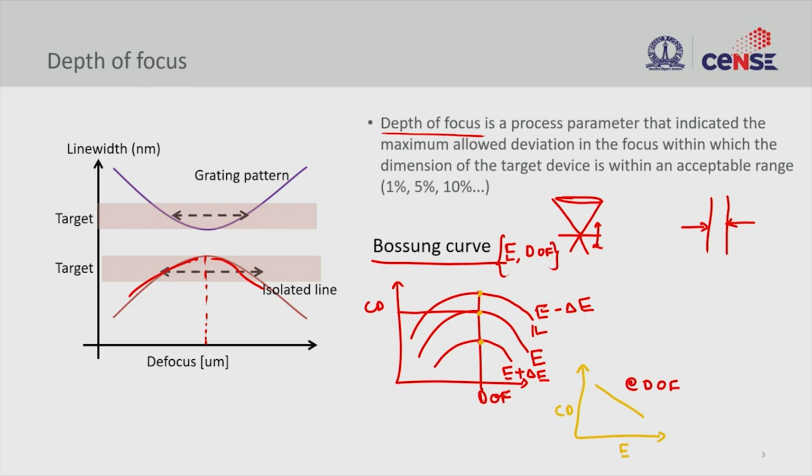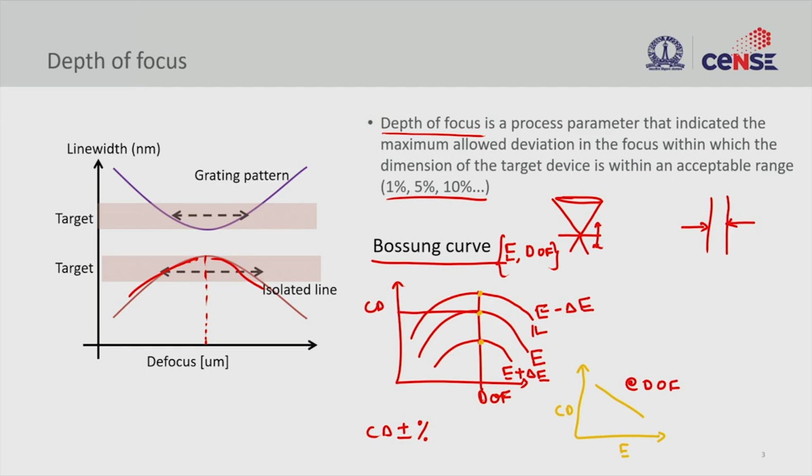So what is the interest in generating this kind of plot is the question here. So here we are looking at the process window. What is the acceptable range of dimension for the designer? So when you design something, you design for a certain dimension and then you give a certain percentage variation. When you design a device or a circuit, you say, see, if my critical dimension variation is within 5% or within 1%, my device would work properly, right, as desired.